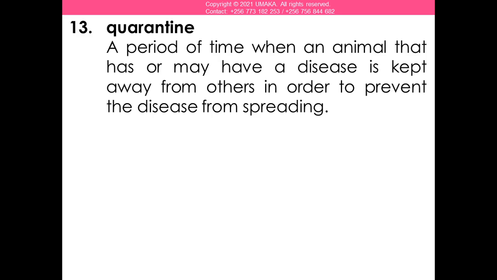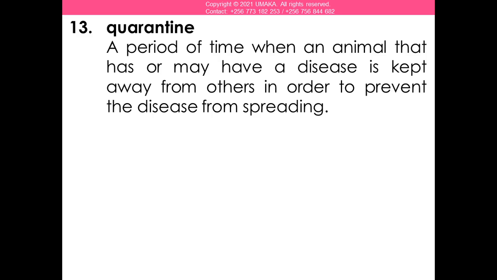Why is that done? Just to prevent the disease from spreading to other areas where it may not be. For example, foot and mouth disease is in Masaka. If you put a quarantine in Masaka, no animal can be transported from Masaka to other areas. The disease is likely to be contained within Masaka until it is cured, until the medicine or treatment is found.